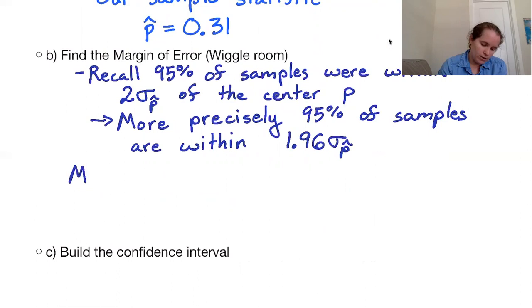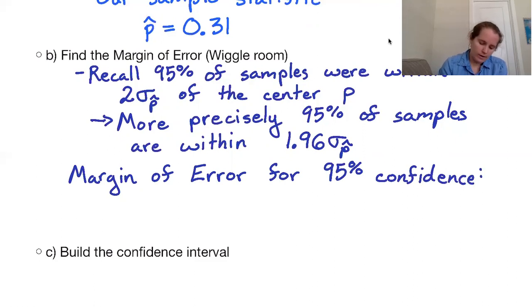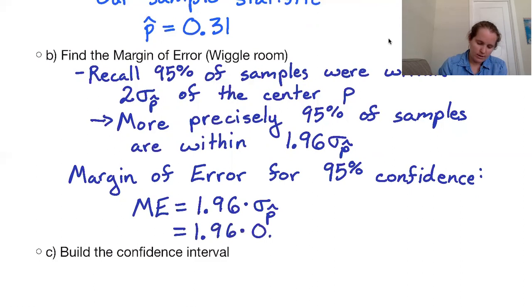So the margin of error for 95% confidence, I'm going to call it ME, is equal to 1.96 times sigma sub p hat, or 1.96 times, in this case, 0.046.